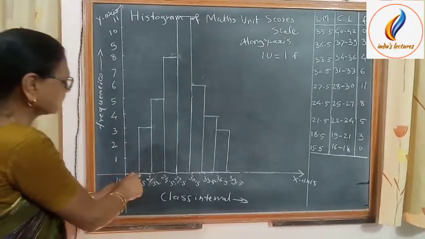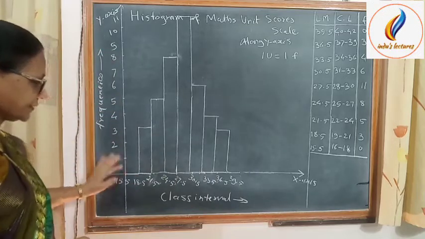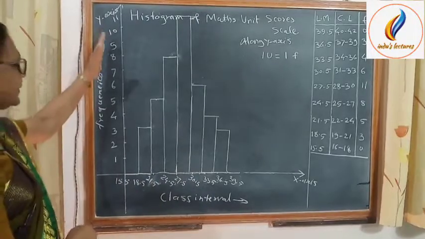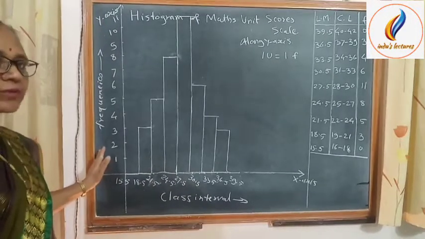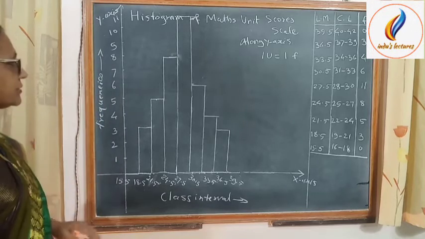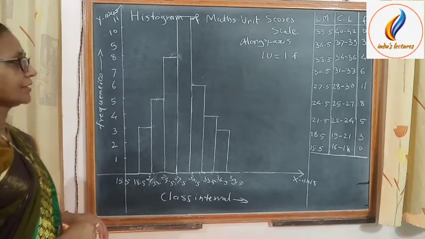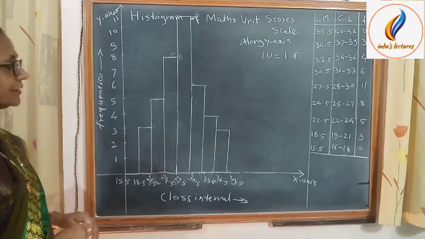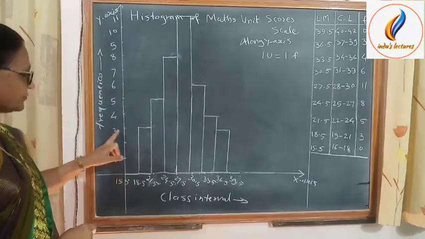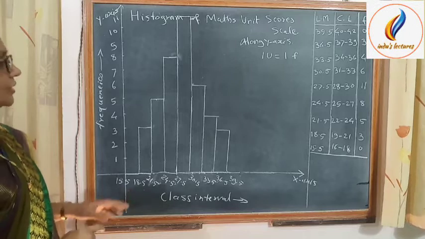Then we mark the points on the x-axis as well as on the y-axis. The x-axis shows the lower limit of each class interval. The y-axis shows the frequencies of the class intervals. And then we draw the respective bar, considering the frequency and lower limit of the class interval. In this way we draw the histogram.